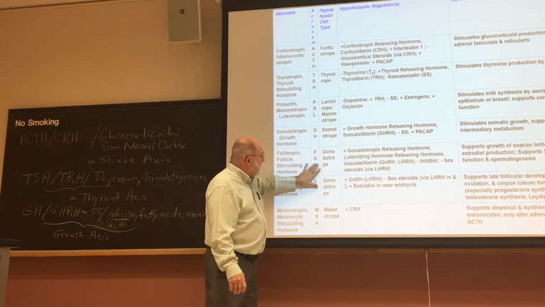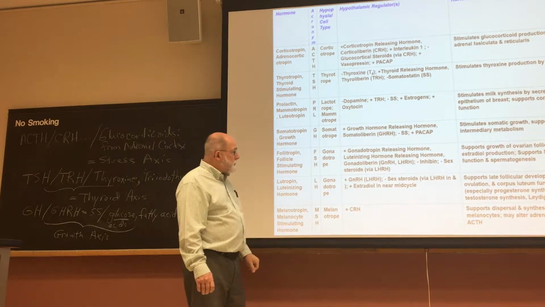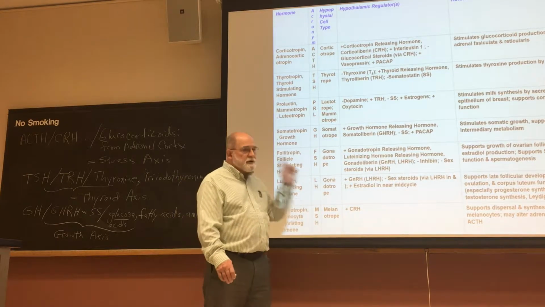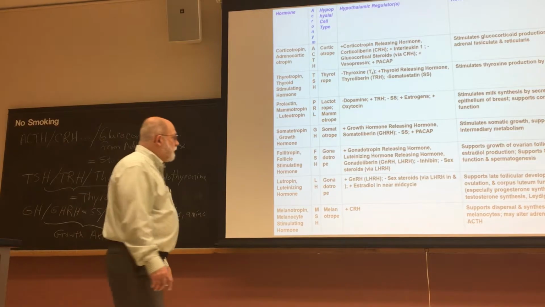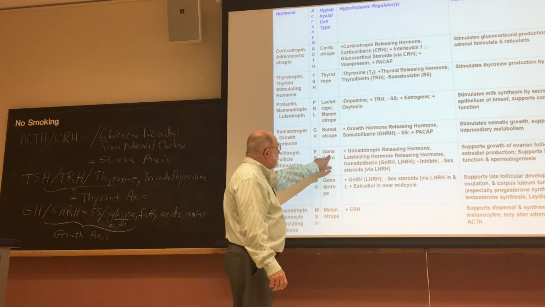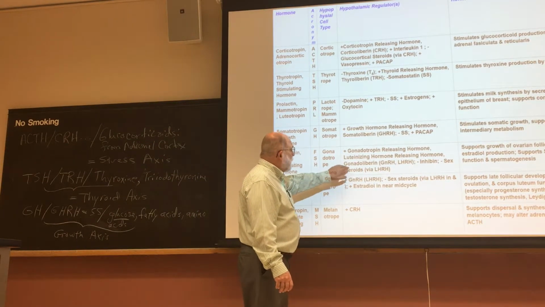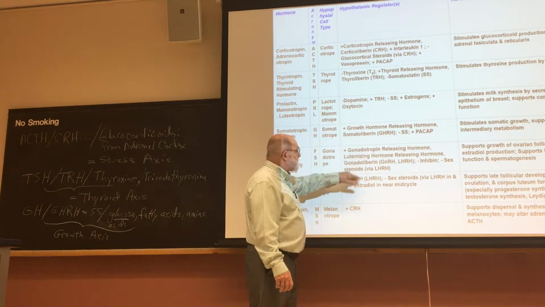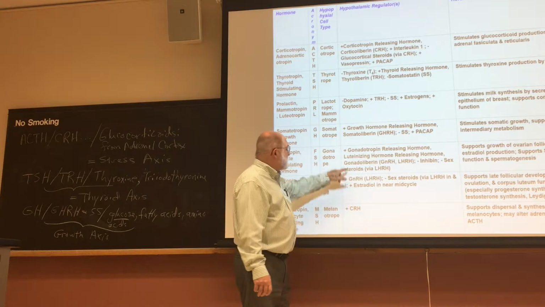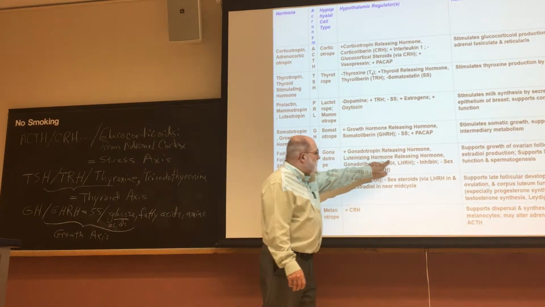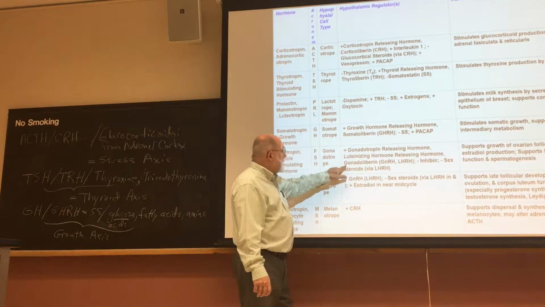These two, being produced by the same cell type, are under different controls. Both of them are under a positive or stimulatory control by gonadotropin-releasing hormone, which is also known as luteinizing hormone-releasing hormone, or gonadoliberin.